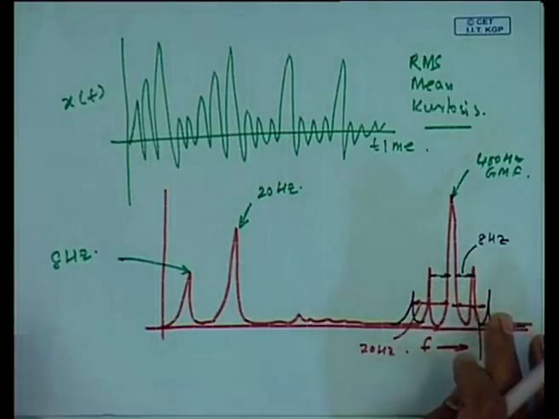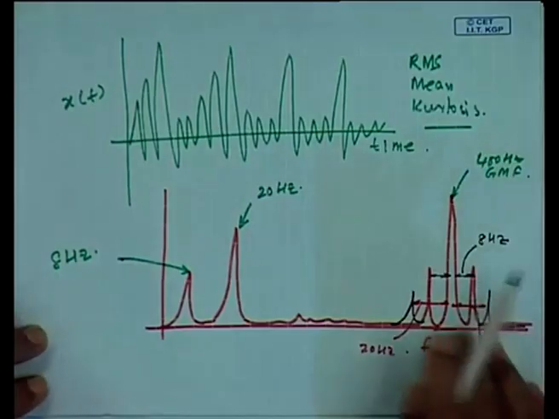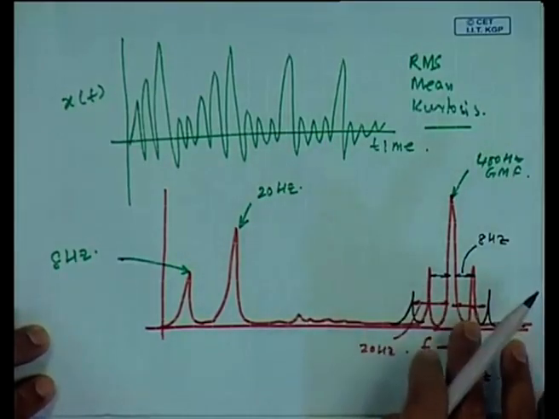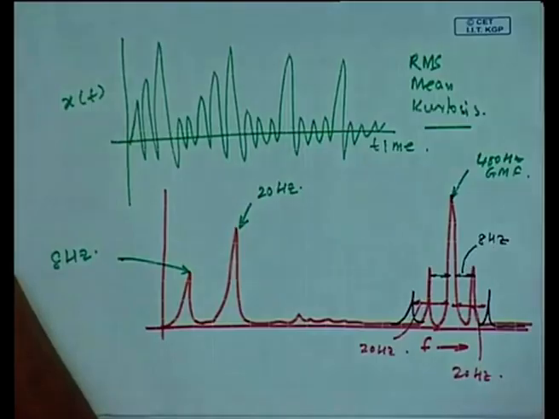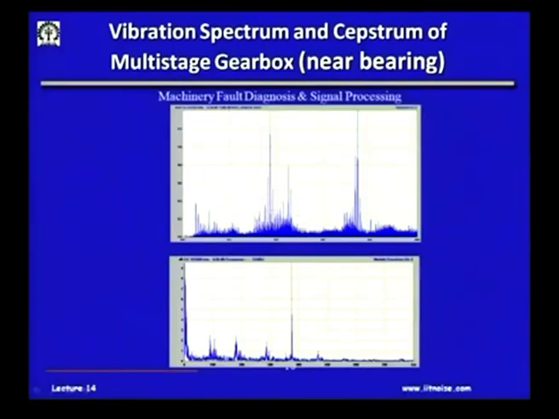Okay. Now, this is very nicely drawn here, but if you go back to my actual measurement, this is what it looks like. It will be very difficult for me to find out. I may find out the gear meshing frequencies, but other than the gear meshing frequencies, there will be frequencies coming from the bearings, frequency coming from many other machineries.